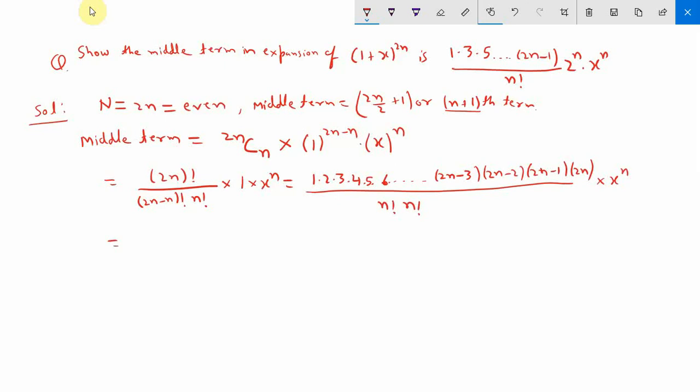So we will segregate odd terms and even terms. So 1, 3, 5, and the odd terms will go up to 2n minus 3, then the next one will be 2n minus 1.